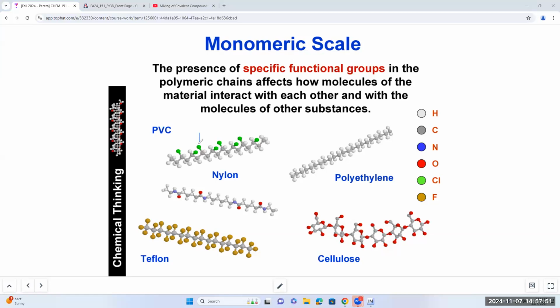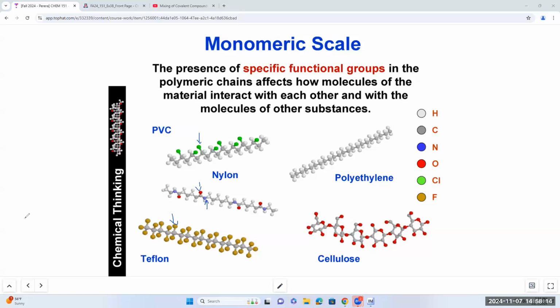For an example, in PVC, we have this chlorine that made all the difference. So that is looking at the monomer scale. In nylon, we have this oxygen and this nitrogen and hydrogen bonded to it. That makes a difference. In Teflon, you have these fluorines and so forth. And that is what is meant by looking at the monomer scale.